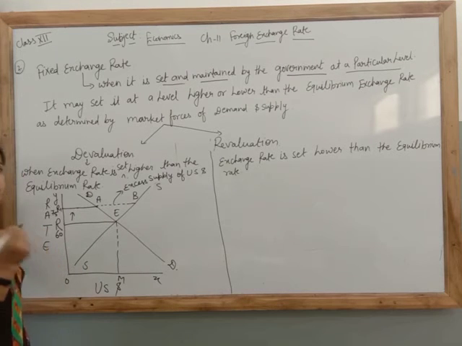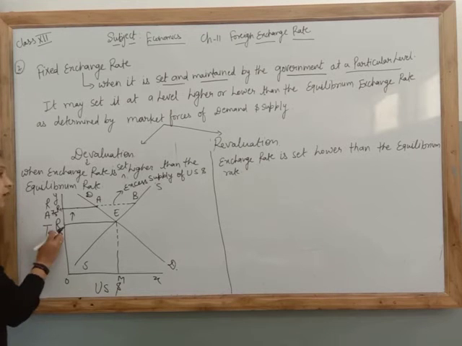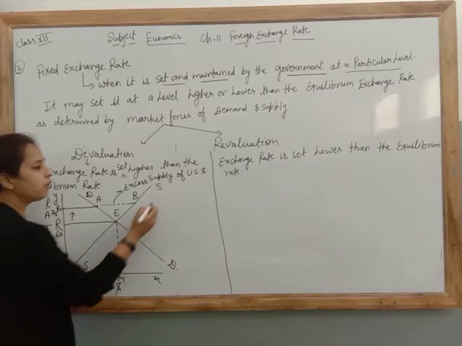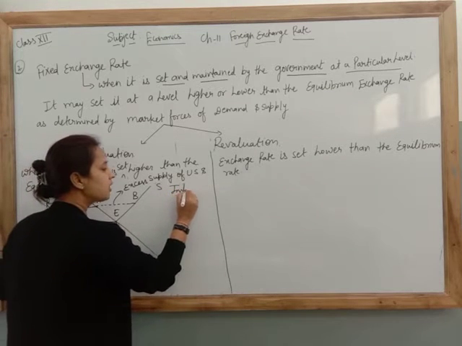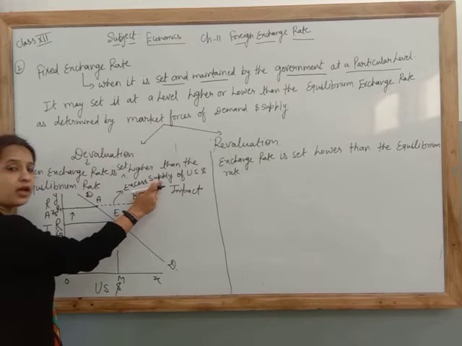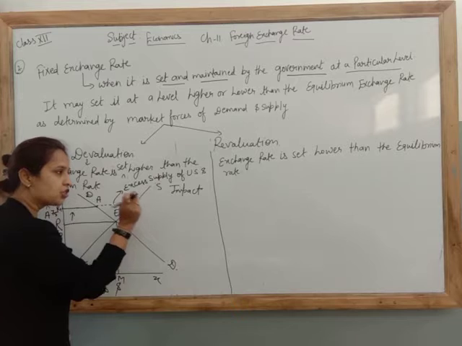So what will be the impact of that? Why is the government doing this kind of devaluation of our rupee? What is the reason behind it? Impact is that first, there will be an increase in the supply of US dollars in the international market.